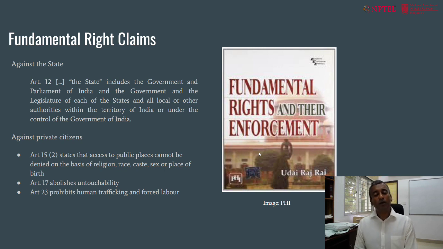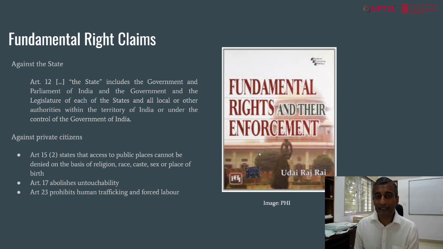But what about the broader question? Can fundamental rights be enforced against private citizens? Is that possible? And it's clear that some provisions of the Constitution, Article 15(2), where we spoke about the removal of civil disabilities with respect to access to public spaces, as well as Article 17, similarly motivated by caste-related disabilities arising out of the practice of untouchability, clearly seem to affect private persons.